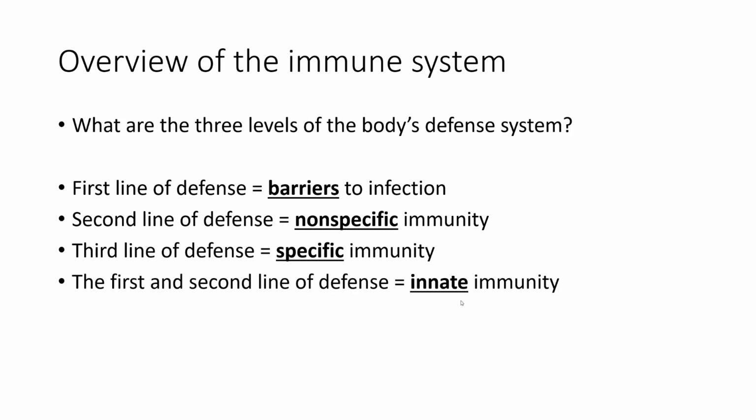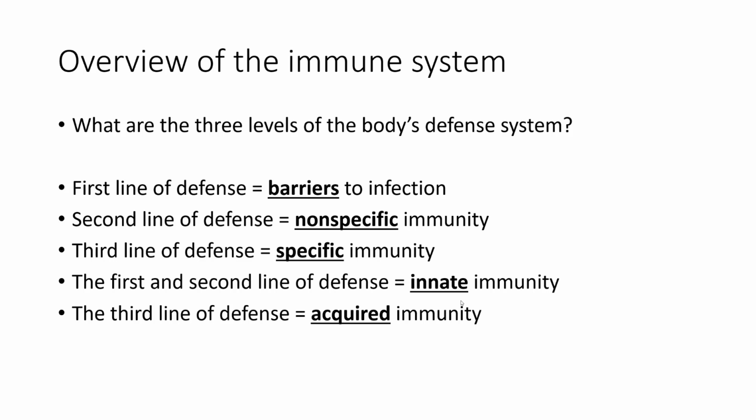Okay, so the first and second lines together make up this idea of innate immunity because you're essentially born with those characteristics. And the third line by itself is what we call the acquired or the adaptive immunity. Because, as I mentioned, you have to bring that online through exposure in the everyday world.